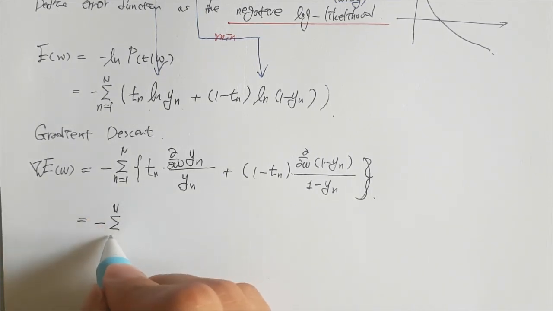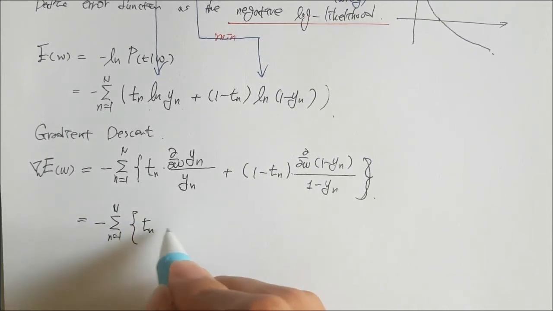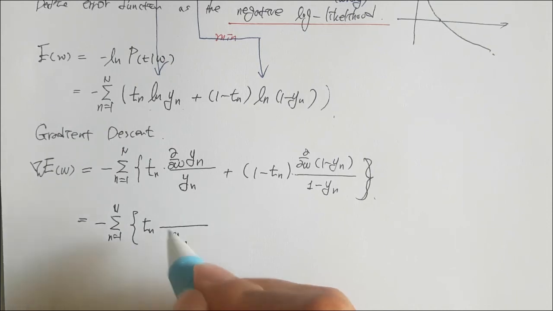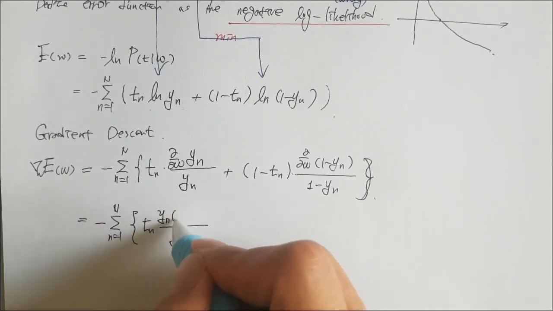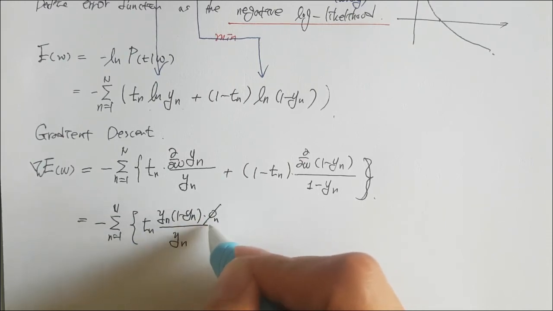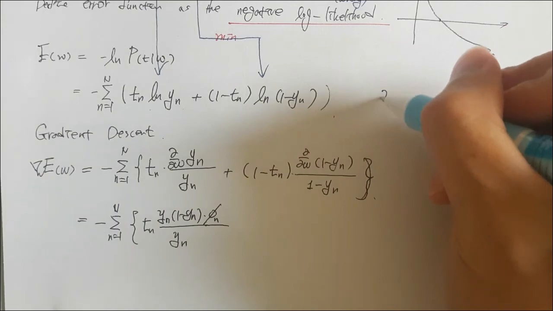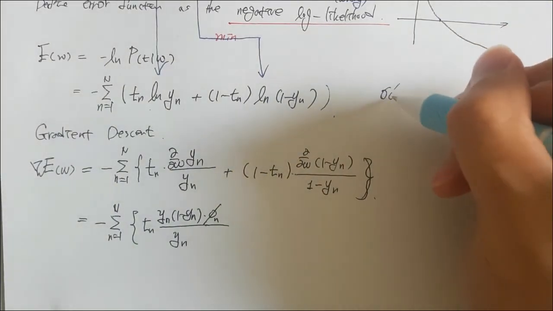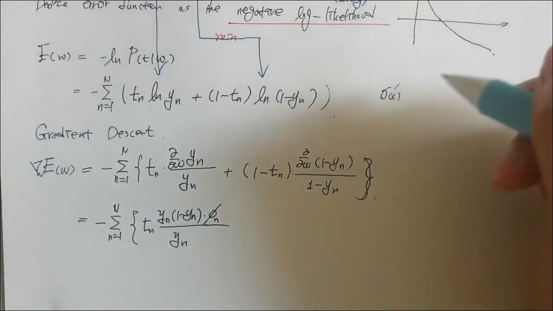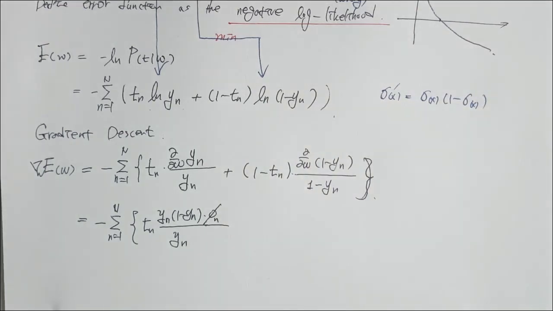I will expand this equation. y_n times 1 minus y_n multiplied by the basis function, because the derivative of the sigmoid is sigmoid times 1 minus sigmoid here.